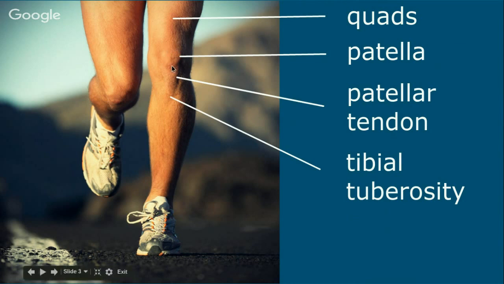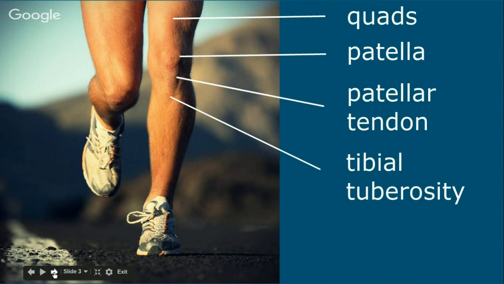And then below the patella is the patellar tendon, so it's all one big mechanism really, with the patella sitting inside the quadriceps tendon, and it attaches down here onto the tibia at a point called the tibial tuberosity or the tibial tubercle. So from tibial tubercle, patellar tendon, patella, quads tendon, quads, the whole thing is one integrated structure going right up to actually as far as the hip.